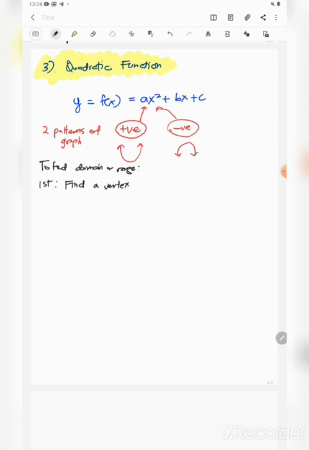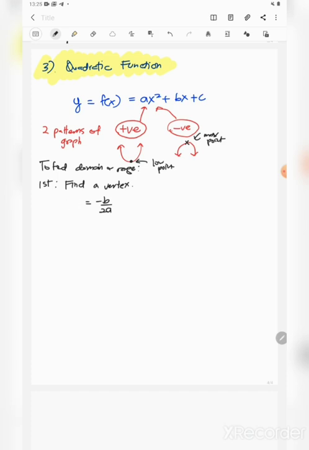What is the vertex? The vertex is the maximum point in the graph, or the lowest point in the graph. The formula for the vertex is y equals negative b divided by 2a.